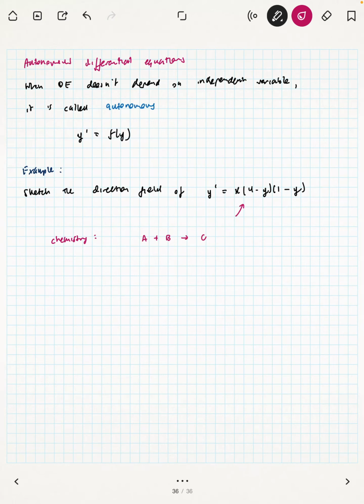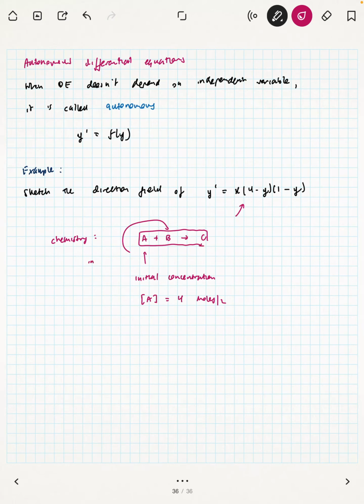And so we may have an initial concentration equal to 4 moles per liter. And so this is the actual reaction, by the way.